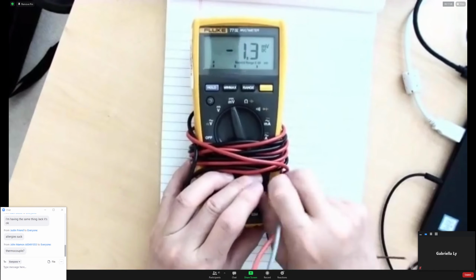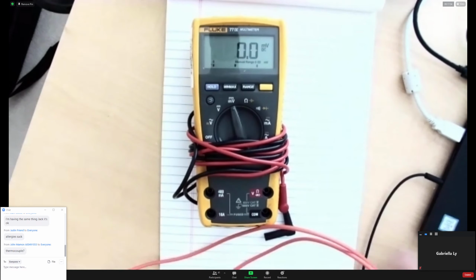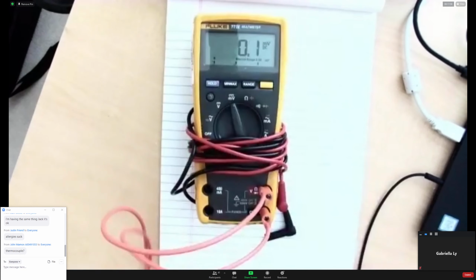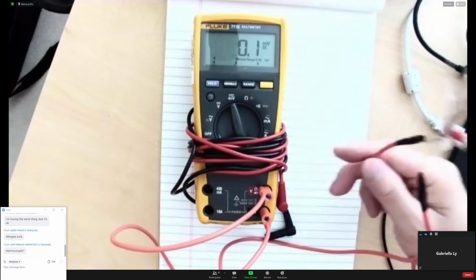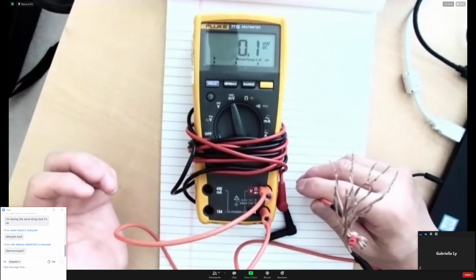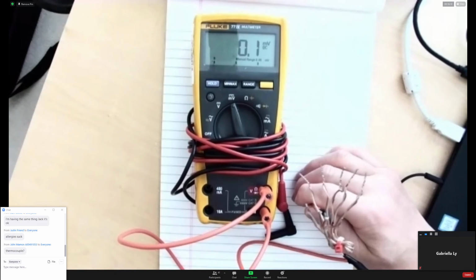Another one, I'm going to show you down here. This is a bunch of those thermocouple wires.